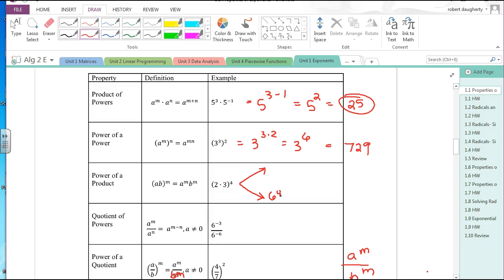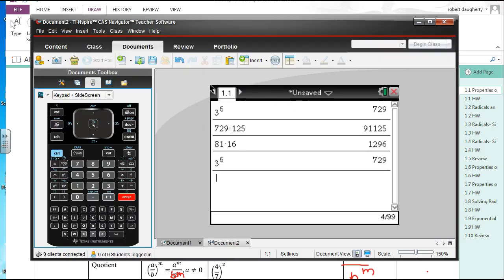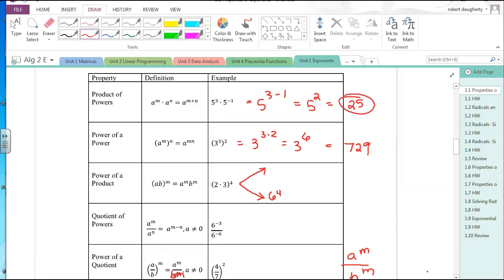Okay? 6 to the 4th power is, what is that? That's 36 times 36. What is that? I don't know that off the top of my head. 36 times 36. 1296. So equal 1296.